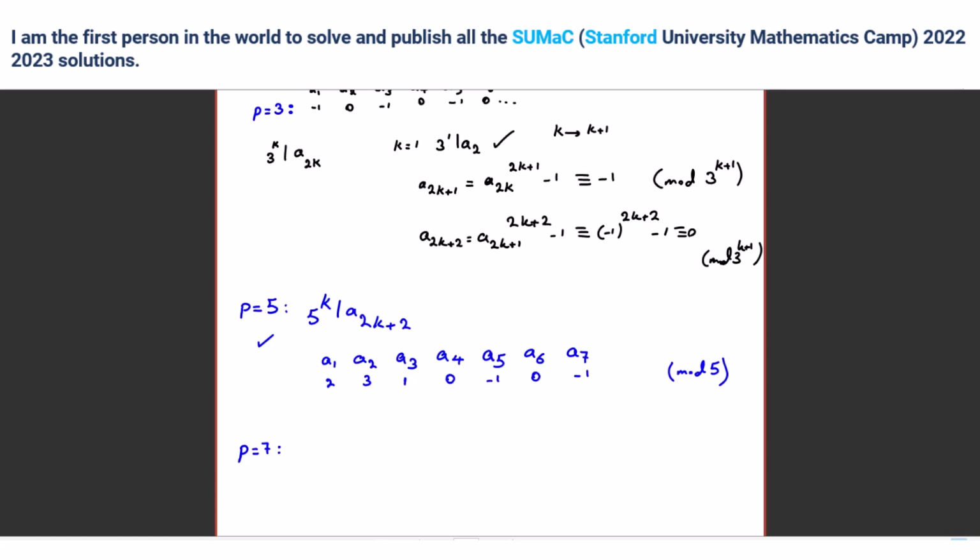Okay, sure. For this one, the previous approach doesn't work, right? Yeah. Okay, so at first we should consider it mod 7. If you write a1, a2, a3, a4, a5, a1 is 2, a2 is what mod 7?